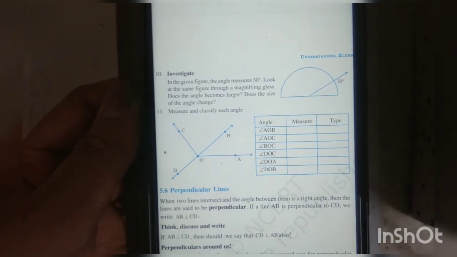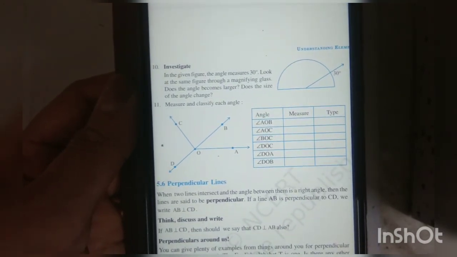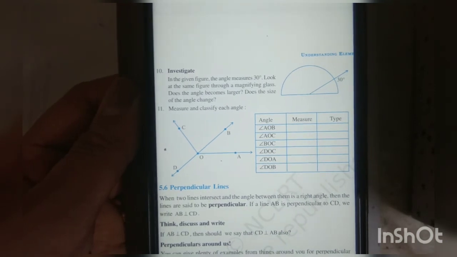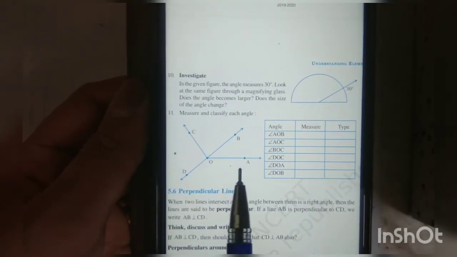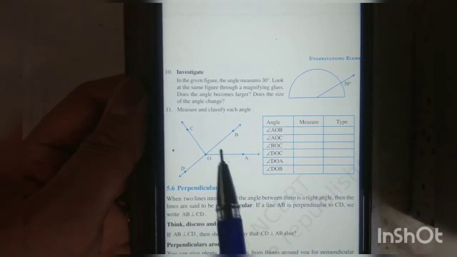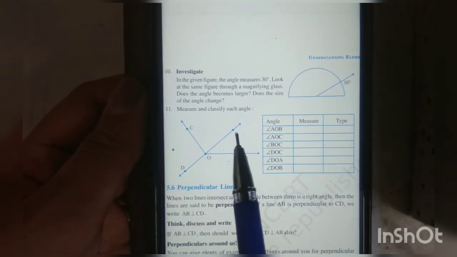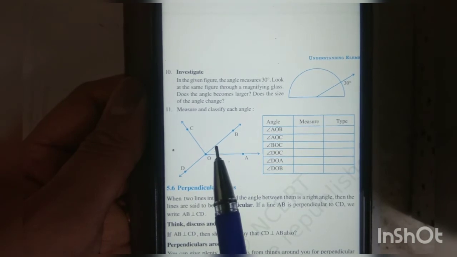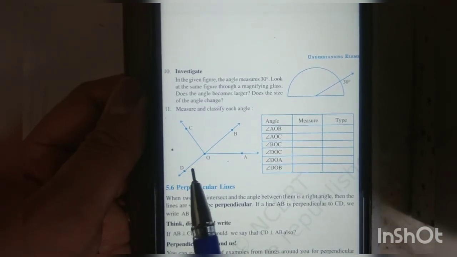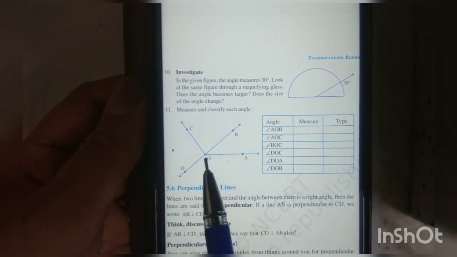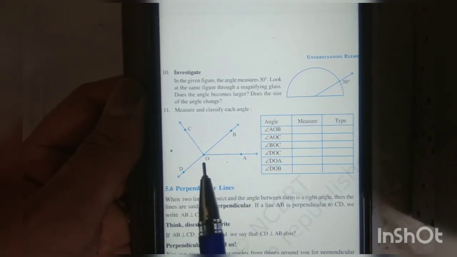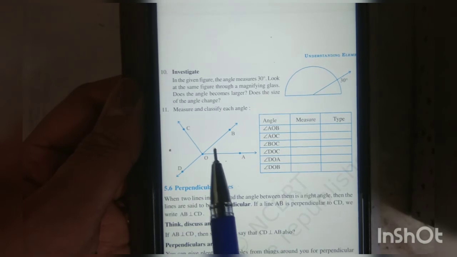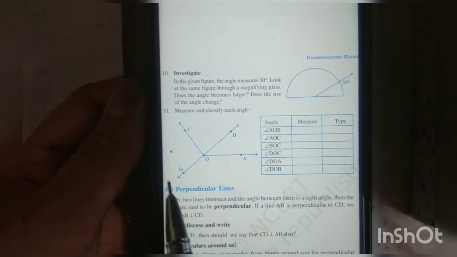Now in question number 11 it is written, measure and classify each angle. Here you can see some angles are given. Angle AOB means this one, angle BOC means this one, angle COD means this one, angle AOD means this one, also angle AOC means this one, angle BOD means this one.